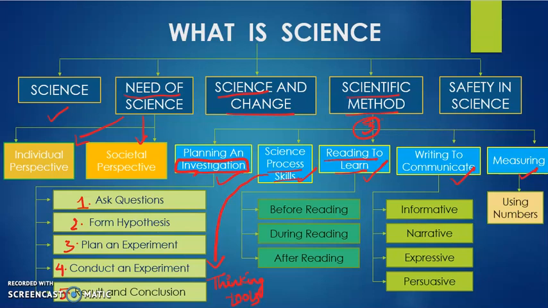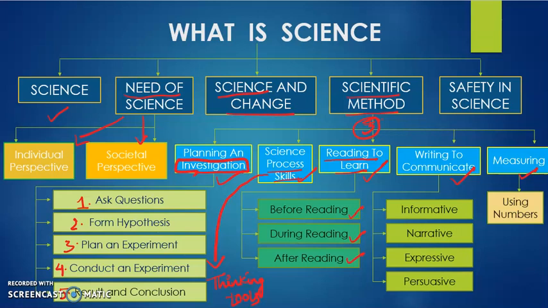What is meant by reading? Generally we use the term read to learn. Here reading can be made effective by dividing it into three sections: before reading, during reading, and after reading.